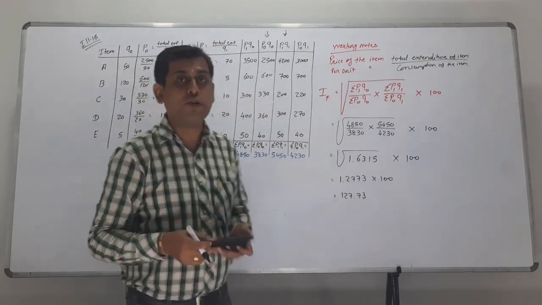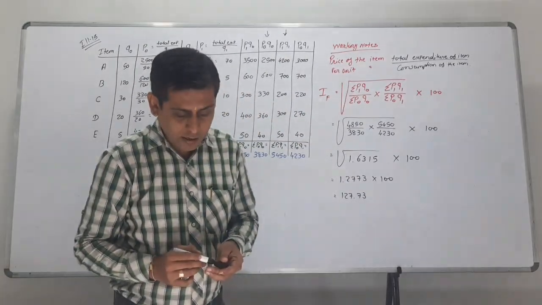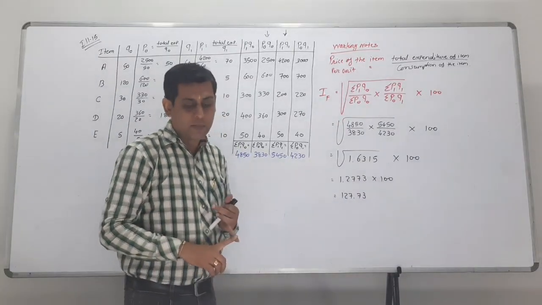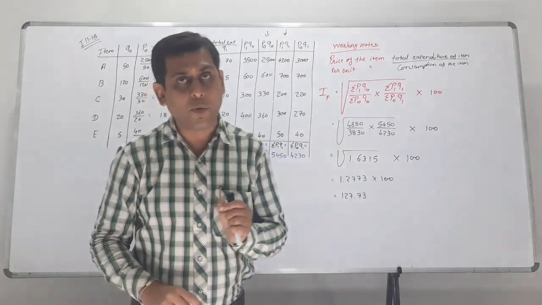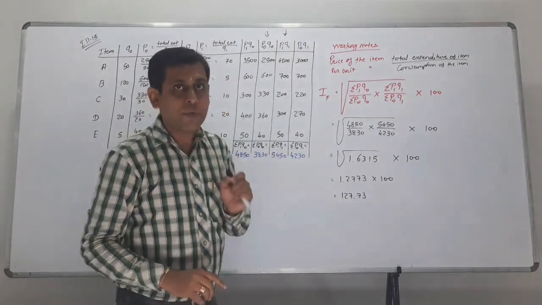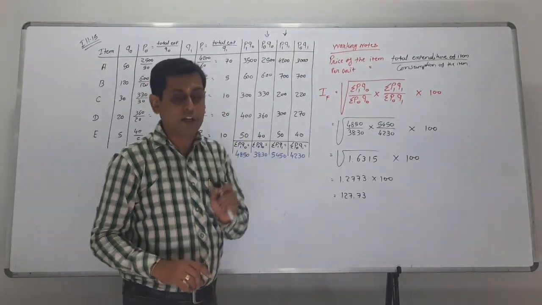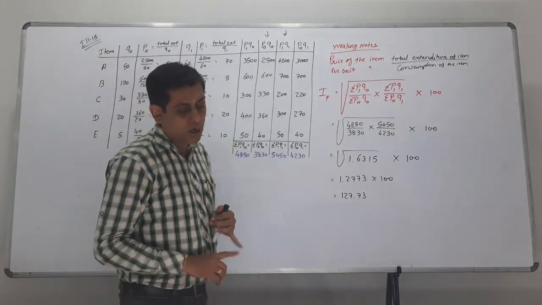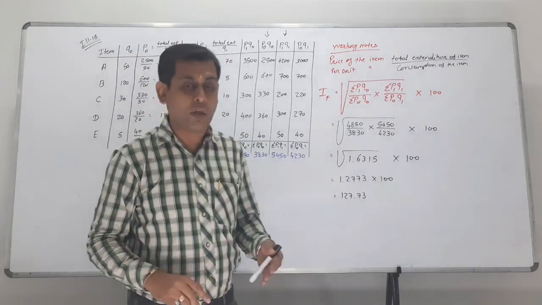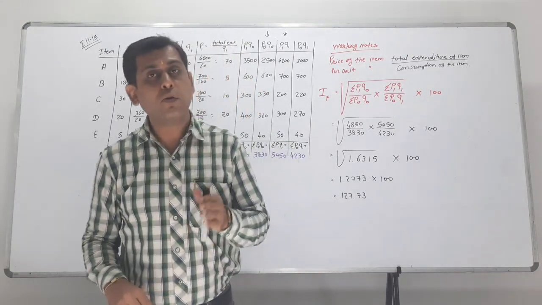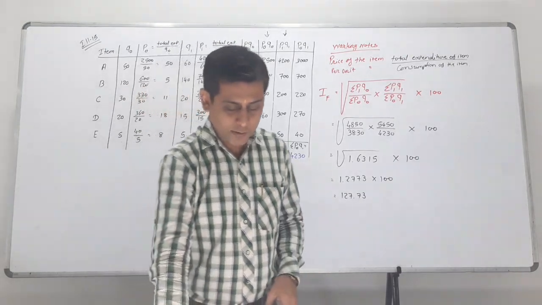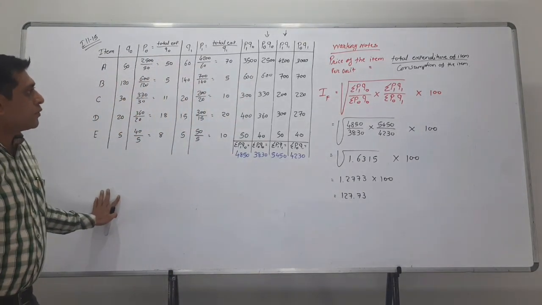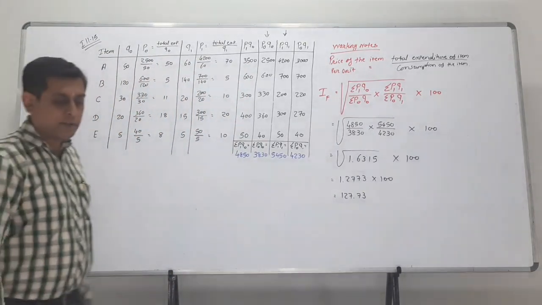This is the Fisher index number, and you have to write that thus it can be said that there is 127.73 minus 100, that is 27.73% rise in the price in the year 2015 as compared to the price of the year 2014. Okay, so here the sum is complete. It is very easy.